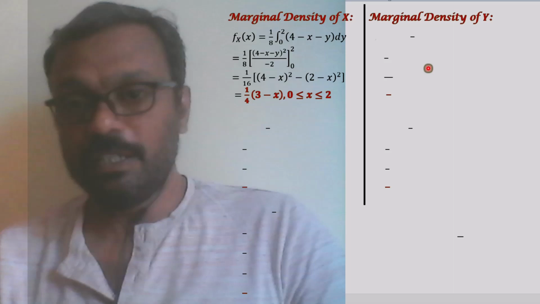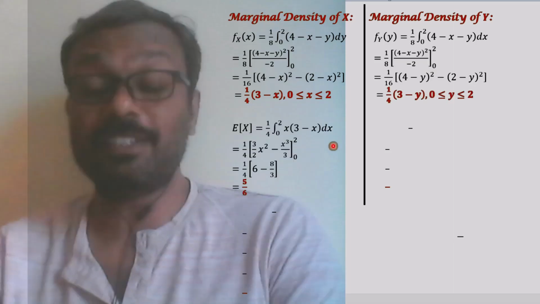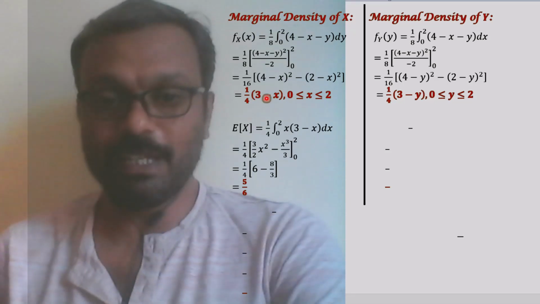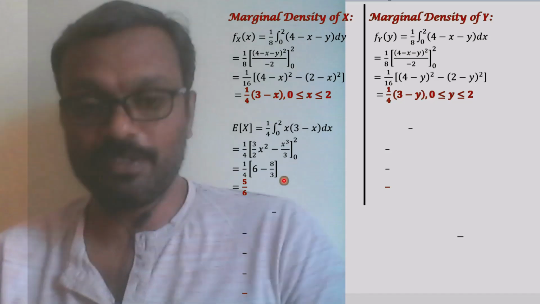Now let us compute the expectation of x. We know the expectation of x in case of two-dimensional random variable is the integral over range of x of x into marginal density of x. Here the marginal density of x is 1 by 4 into 3 minus x. So substituting the marginal density and evaluating, we get the expectation of x to be 5 by 6.